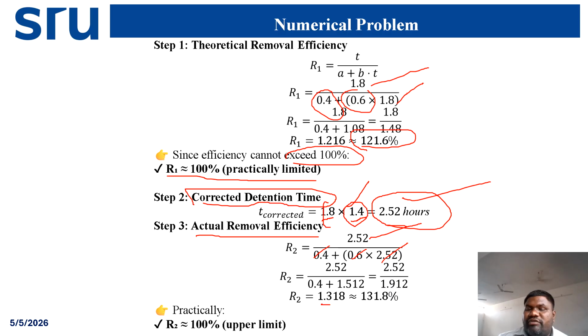So we got around 131.8 percentage. Here also the efficiency percentage will be more than 100 percentage, so we are considering the upper limit as 100 percentage. So efficiency here also is around 100 percentage.